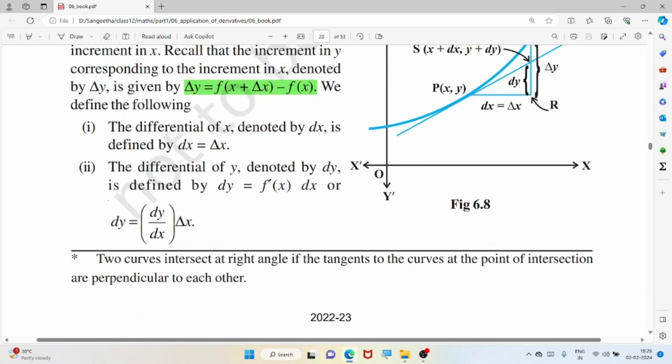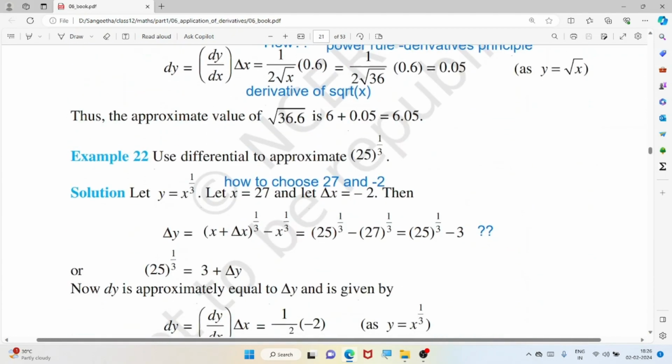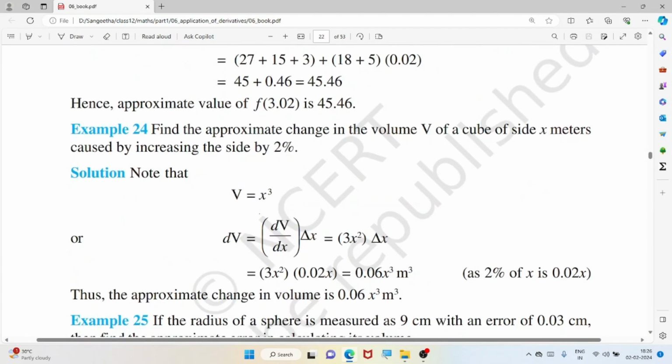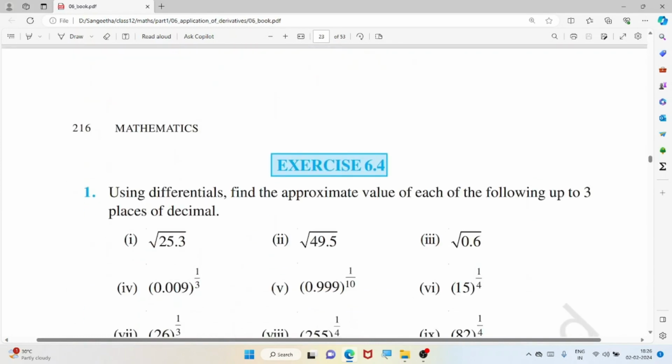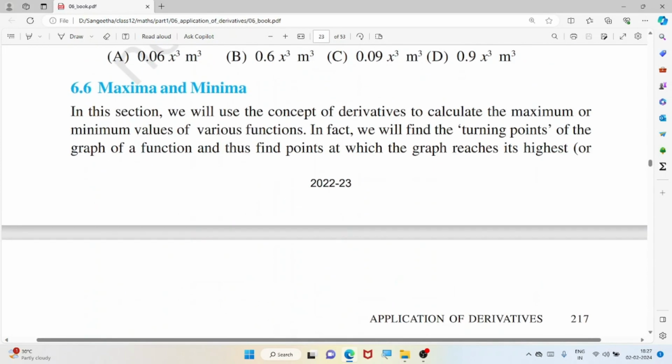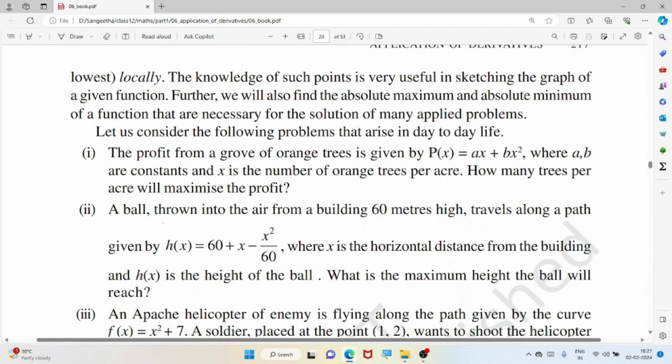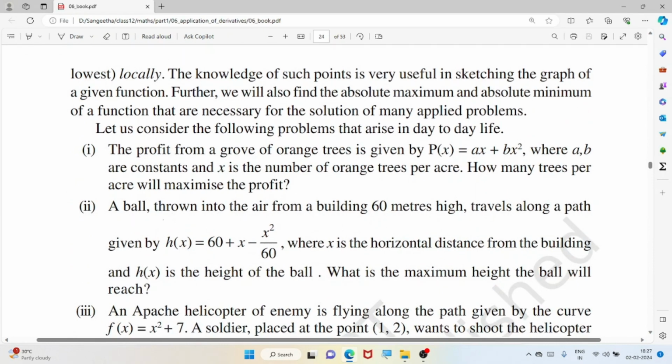This also is deleted. Next is maxima and minima, how to find the maxima and minima using the derivative. You can go through this introduction.